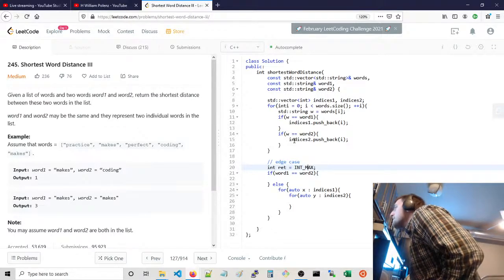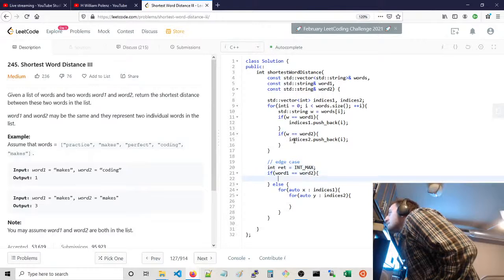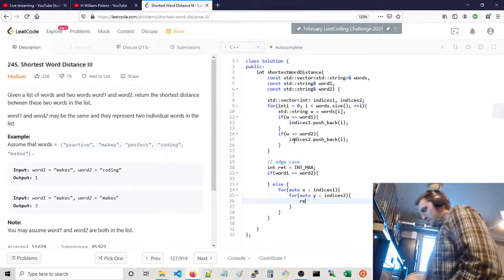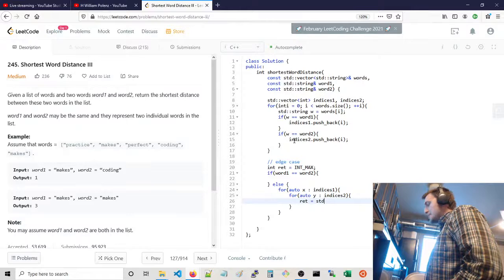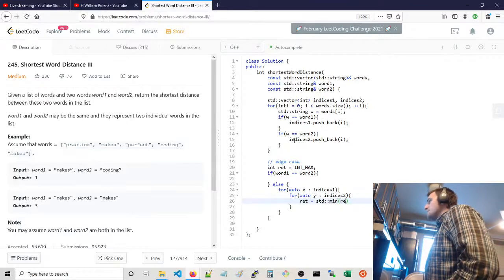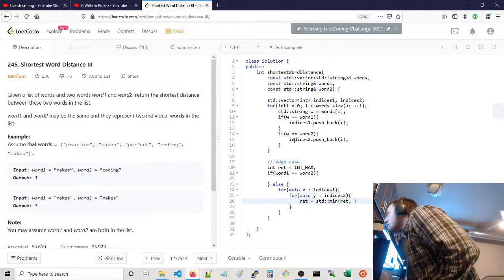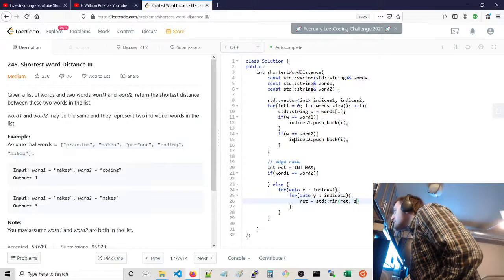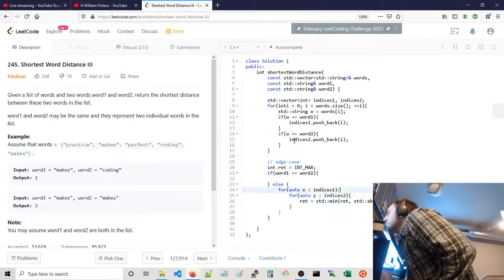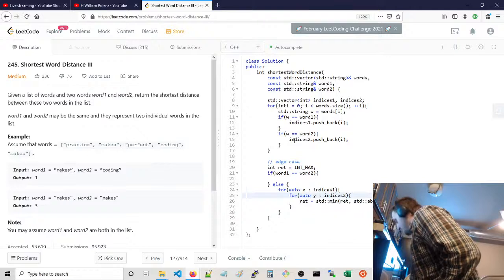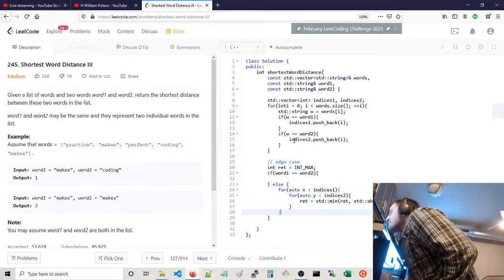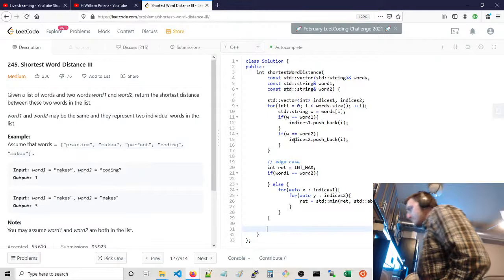Let's say ret equals standard min of ret, of standard absolute value of x minus y. Right? And then return ret.